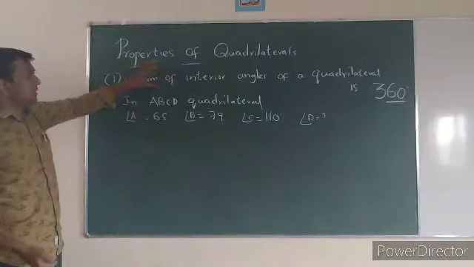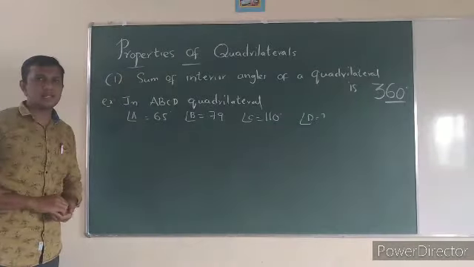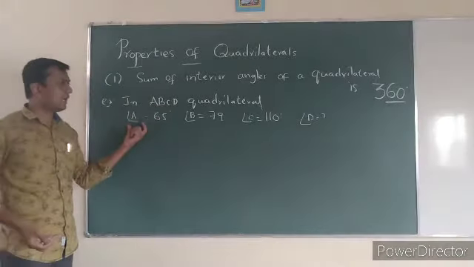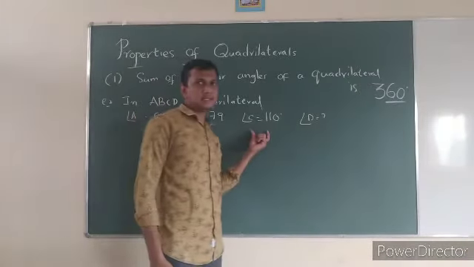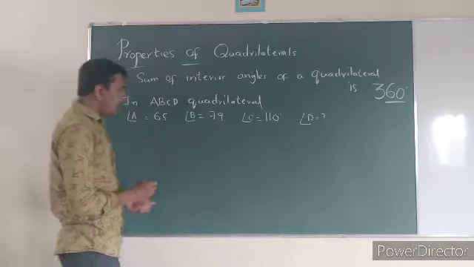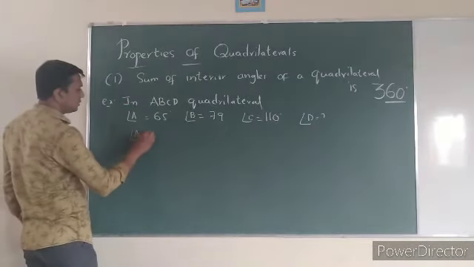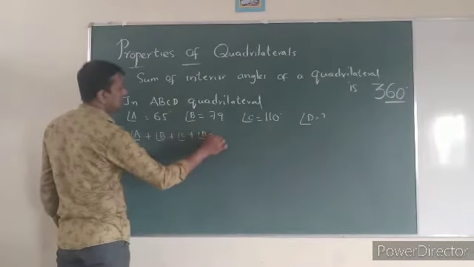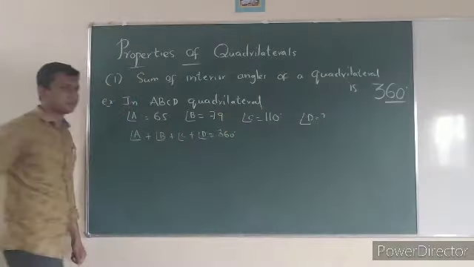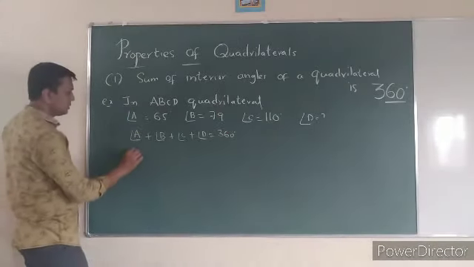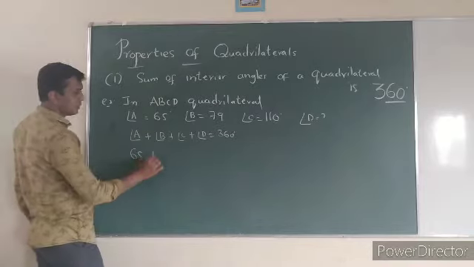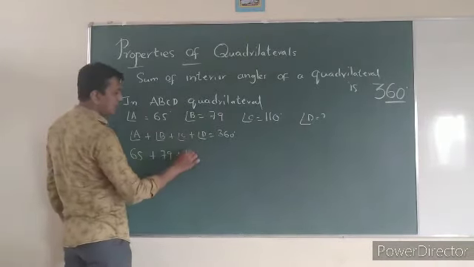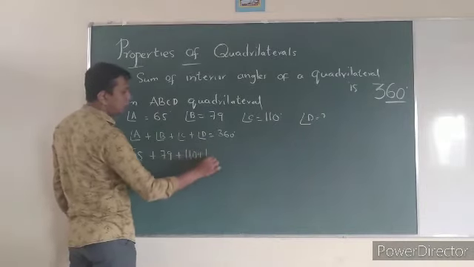We know that the sum of interior angles of a quadrilateral is 360 degrees. That means angle A, angle B, angle C and angle D, when added, give us 360 degrees. Angle A is 65, angle B is 79, angle C is 110, and angle D we don't know.